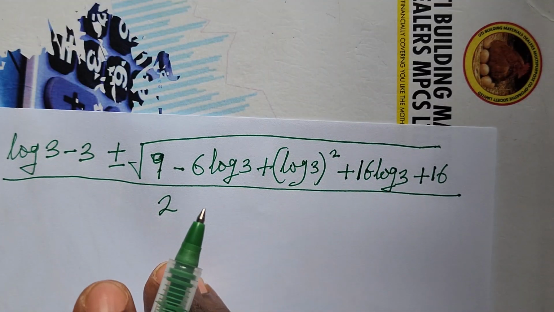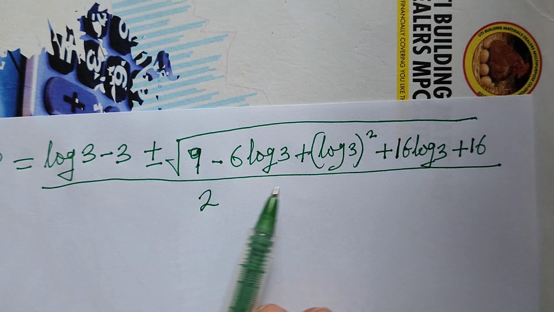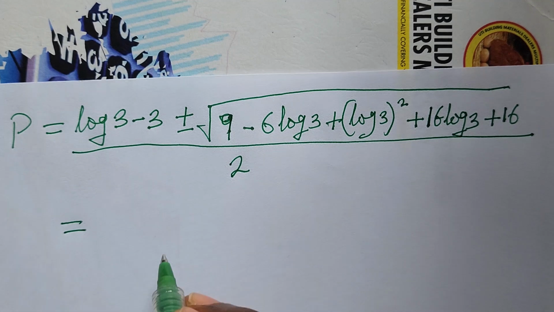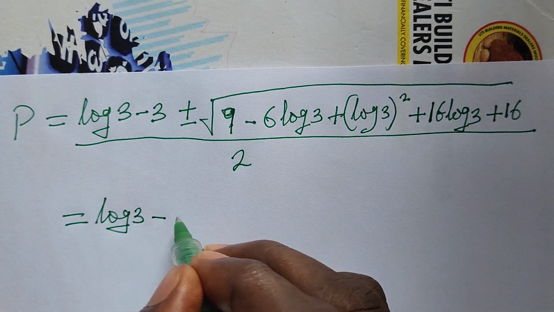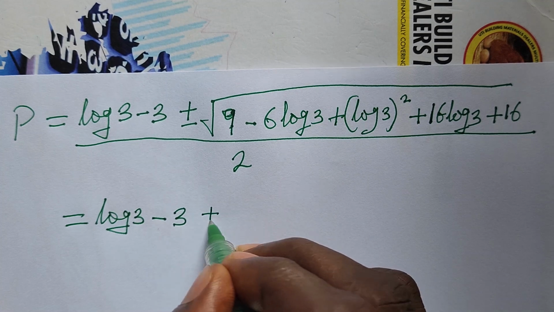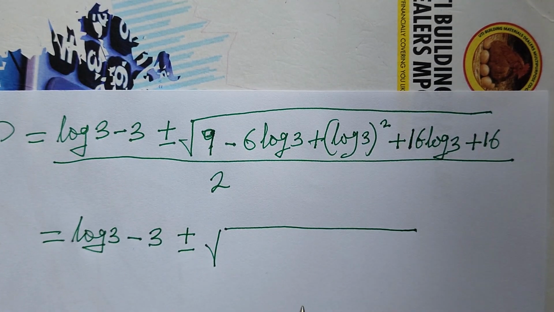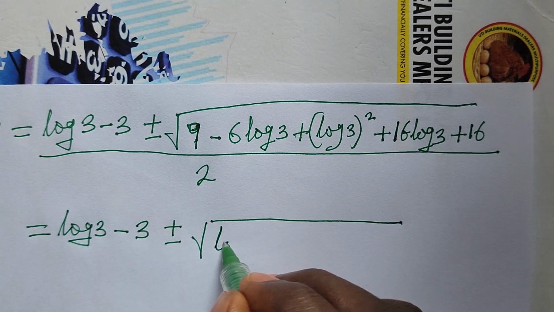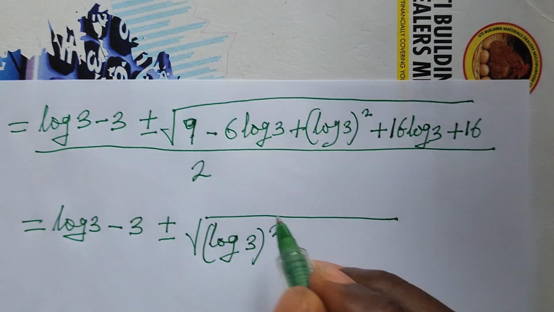Okay, so with this, what comes to mind again? We can just collect terms together. So this is going to give us log 3 minus 3, plus or minus the square root. Let's start with this: log 3 all to the power of 2.